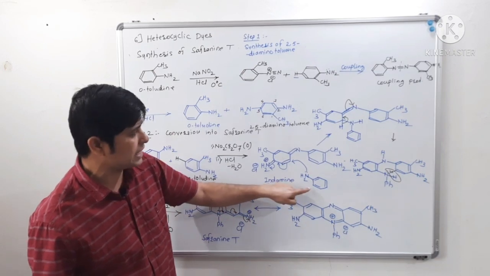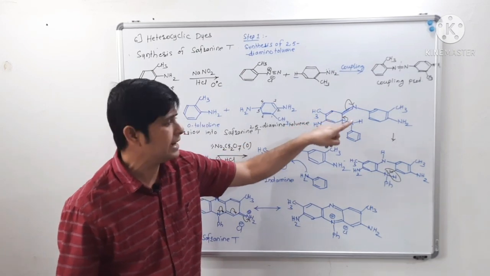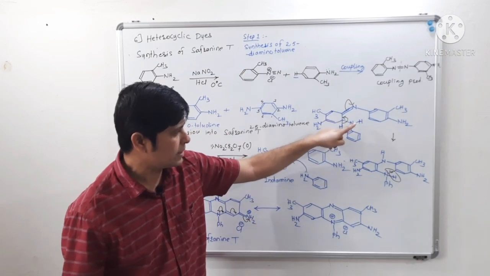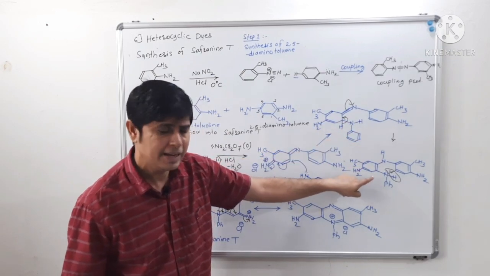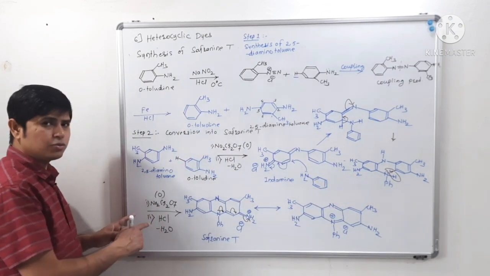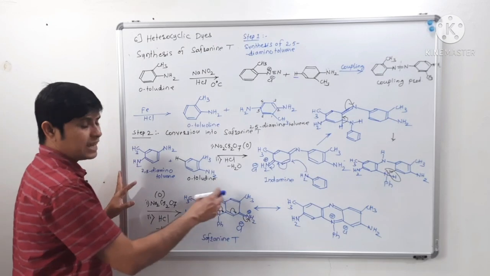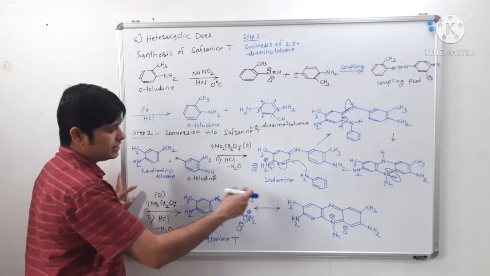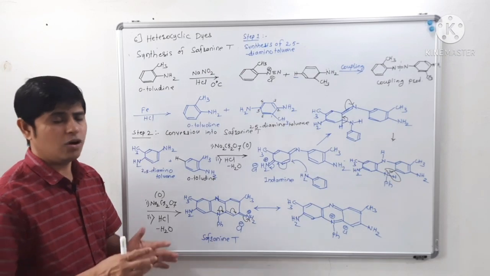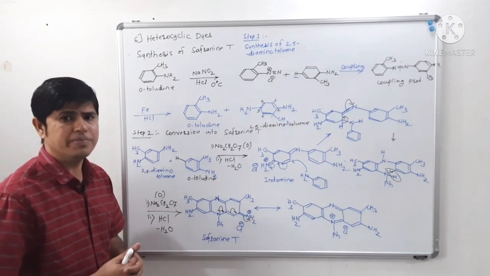On reaction with aniline we will get this intermediate. Then there will be tautomerization, so we will get this intermediate, and that intermediate on oxidative coupling again with sodium dichromate gives this safranine T. For this safranine T we can write a resonating structure, the second form of safranine T.